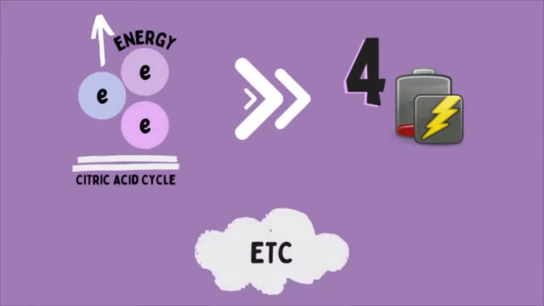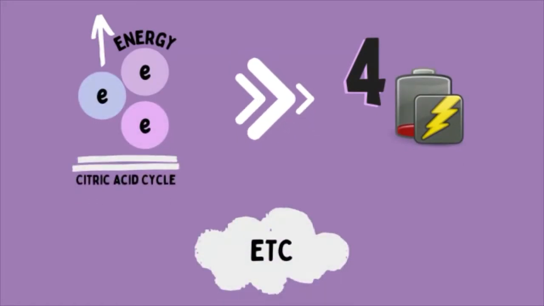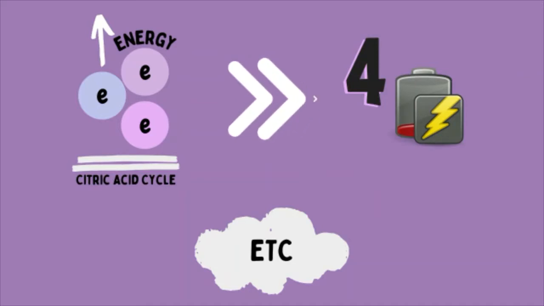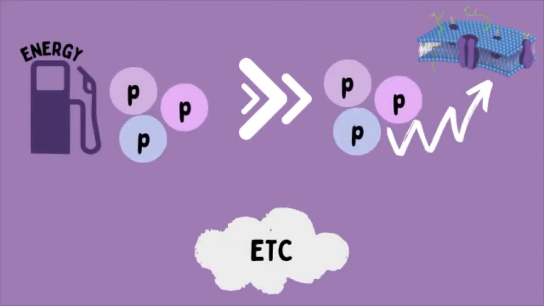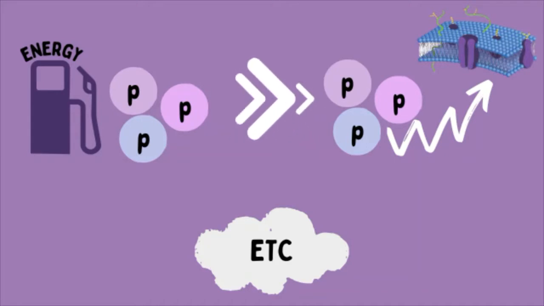ETC uses high-energy electrons from chemicals produced by the citric acid cycle and takes them through 4 steps to a low energy level. The energy from these chemical reactions is used to pump protons across a membrane. These protons then diffuse back through the membrane.